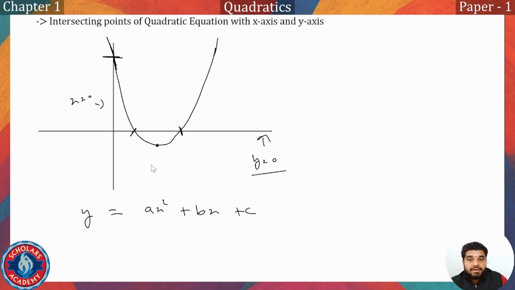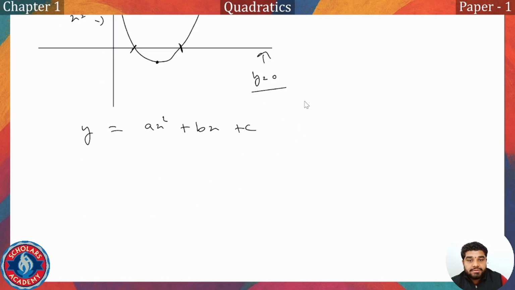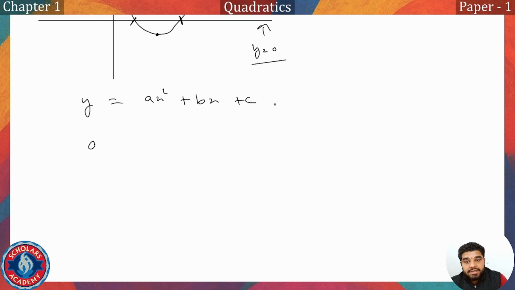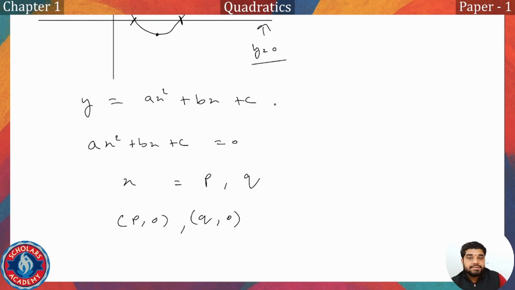Whenever I substitute y is equal to 0, I get ax square plus bx plus c is equal to 0. So from here, I will get x is equal to either p or q, right? So the intersecting points that I will get are p comma 0 and q comma 0.